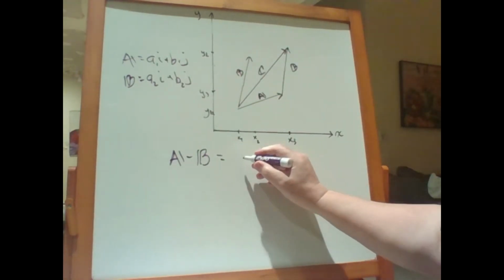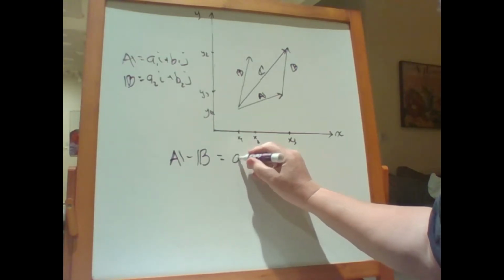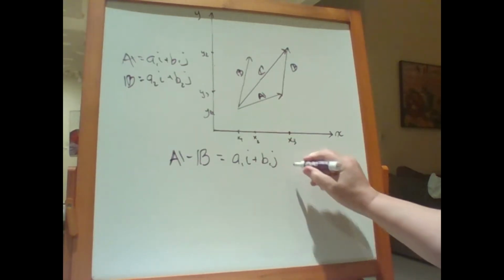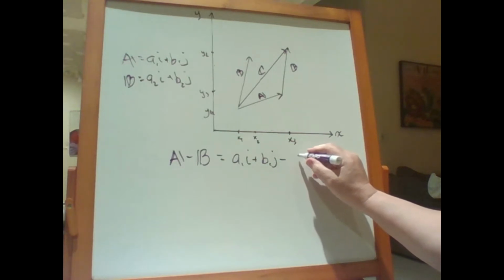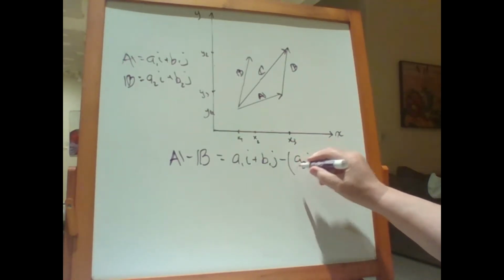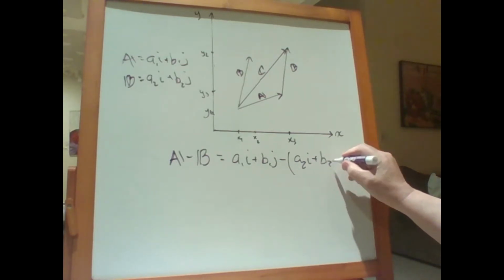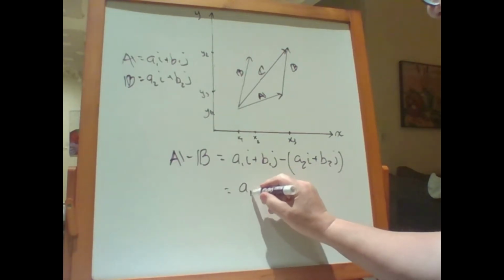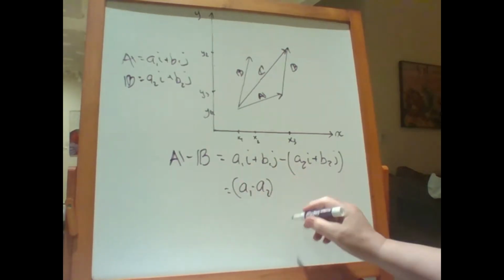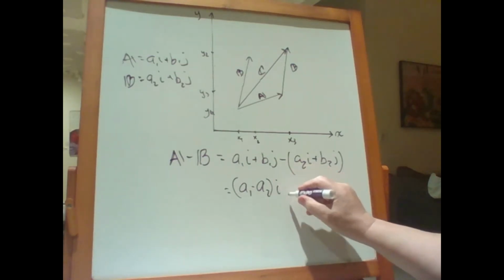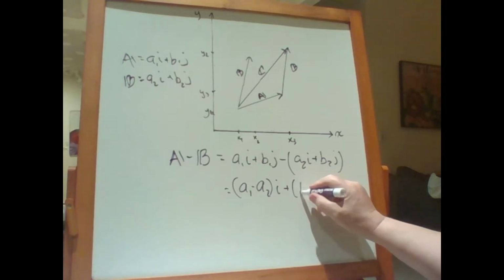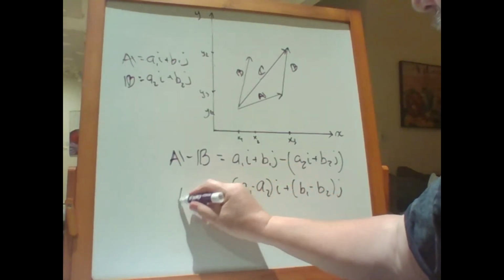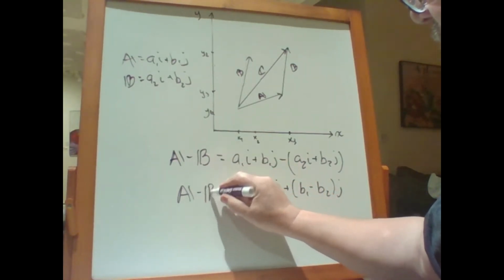And so we say that we got a1 i plus b1 j minus a2 i plus b2 j, and that's equal to a1 minus a2 i plus b1 minus b2 j, and that would be a minus b.